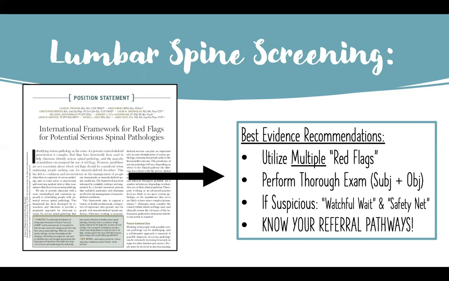We want to perform a thorough exam. This is true for all of our physical therapy treatments, but we really want to do our due diligence and investigate and gather as much data as we can to make the best recommendations that we can. If we're suspicious of underlying pathology, these guidelines recommend two things within this gray area.